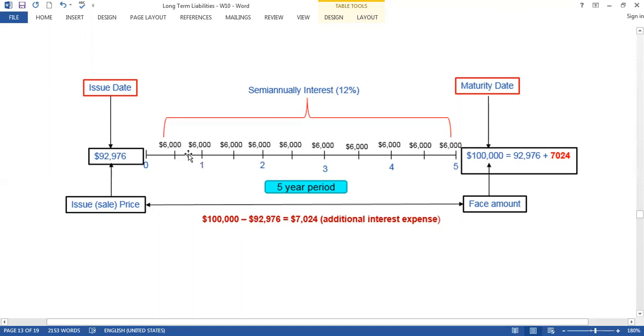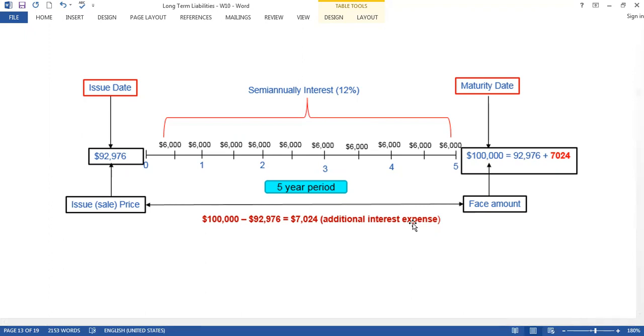We record June 30, we record December 31st. So this interest expense for year 1, this interest expense for year 2. So we have to record it every year, right? Now this $7,024 is also our interest expense. This $7,024 is also our interest expense for how many years? Is it for only 1 year or is it for 5 years?